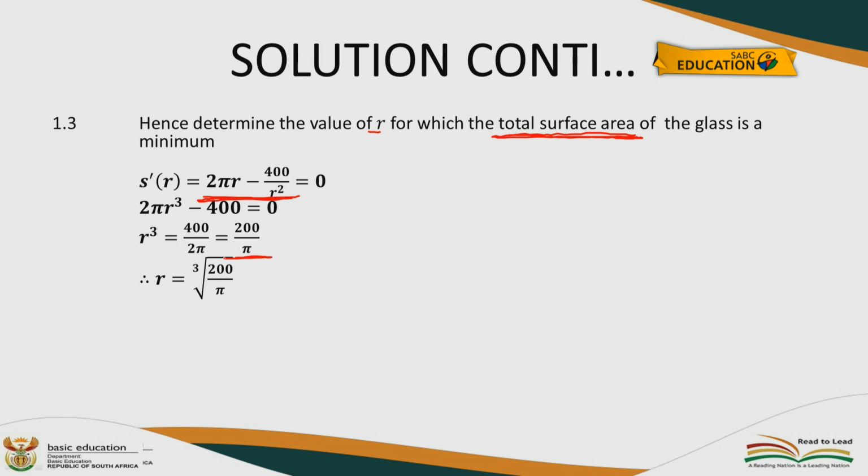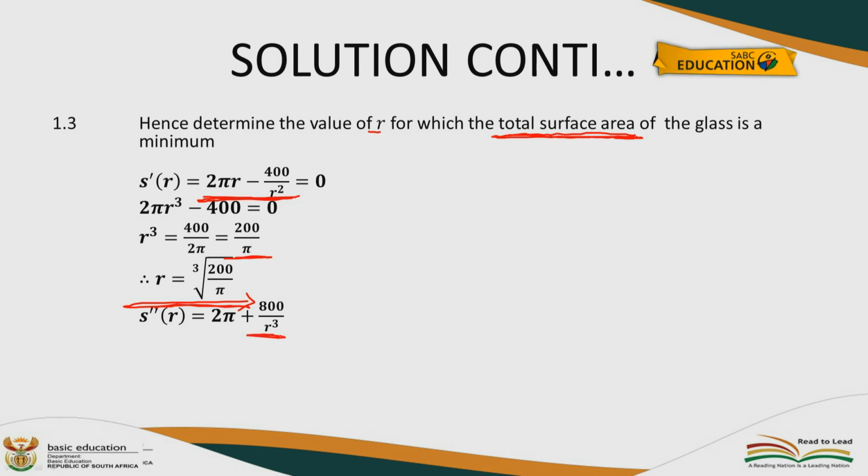Now I still need to verify that I'm going to have a minimum surface area for that value of r. To do that, I'm going to take the second derivative. If I take the second derivative of the expression for surface area, I find that it is 2 pi plus 800 over r cubed.